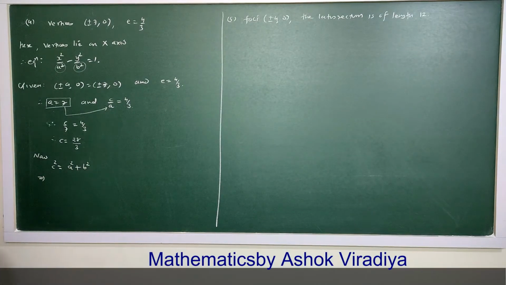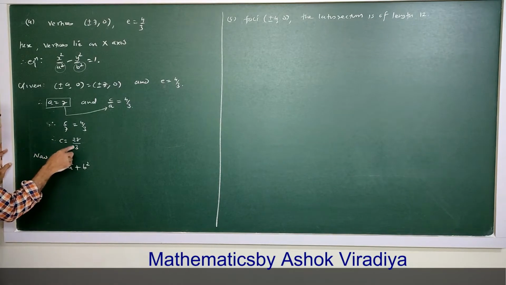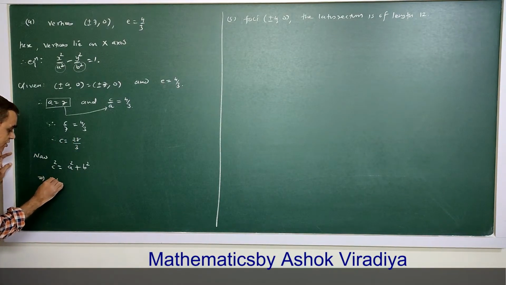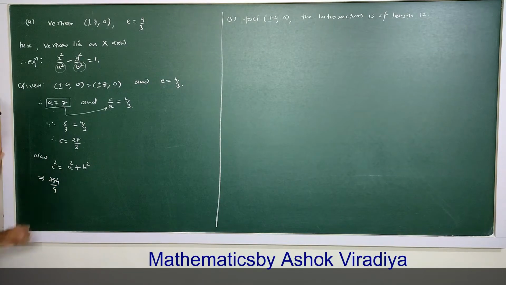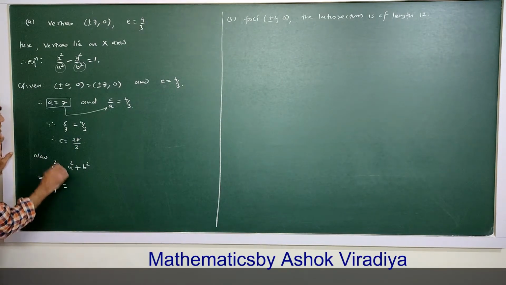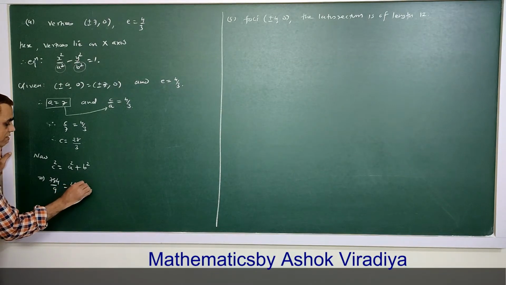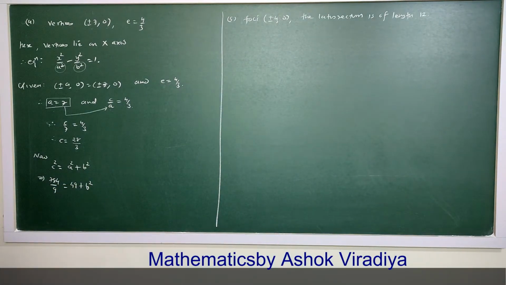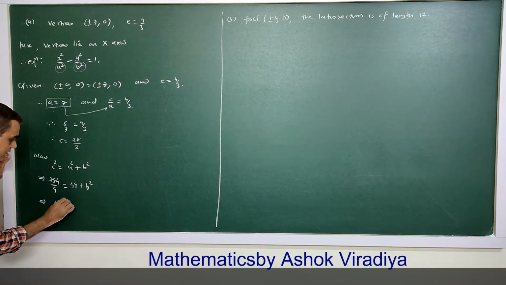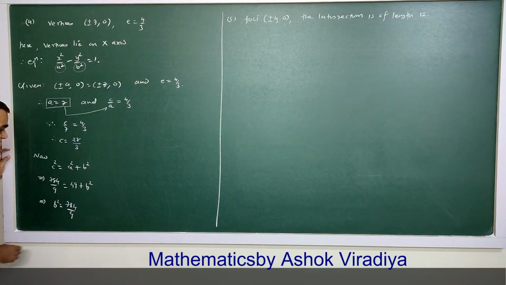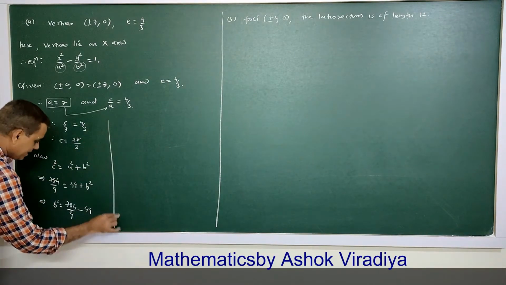c is 28 by 3. The square of this number is 784 upon 9, 28 square is 784. So 784 by 9 equals a square, which is 49, plus b square. Then b square is 784 by 9 minus 49.